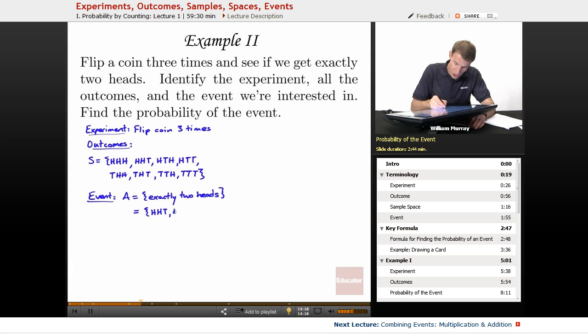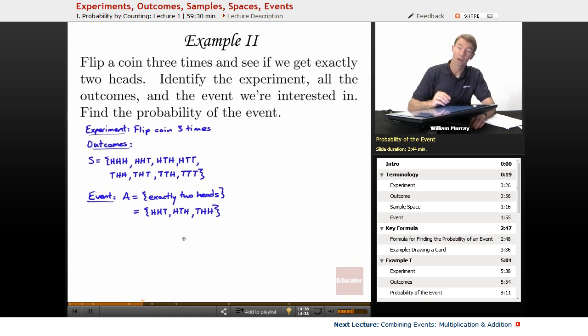And HTH does. Head, tail, head. And then down there I see tail, head, head. And that's it. Those are all the only ones there are that have exactly 2 heads. So our event just has those 3 possible outcomes that satisfy the requirement.